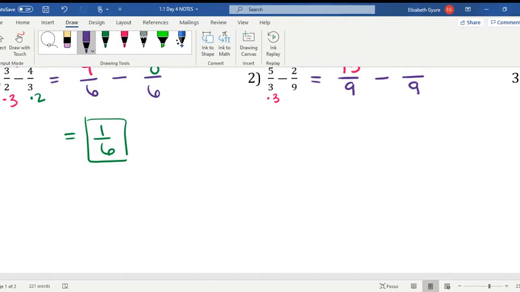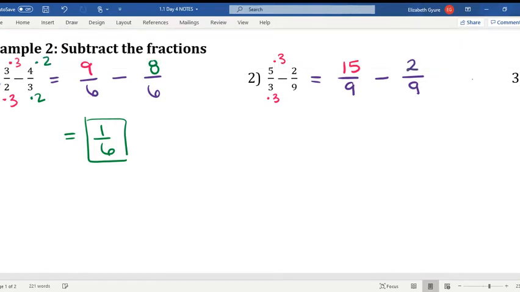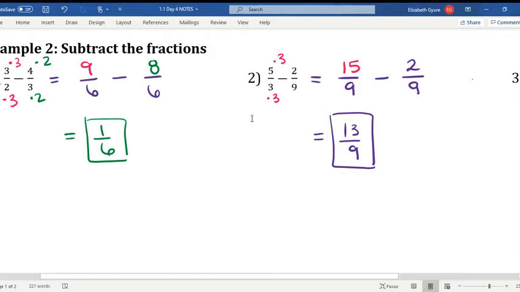Nope. Just leave your 2. Subtract. And Alex, our final answer should be what? 13/9. Very good. Can that be reduced? Nope. I'm disappointed in myself that I didn't give you guys more to reduce, but that's okay.